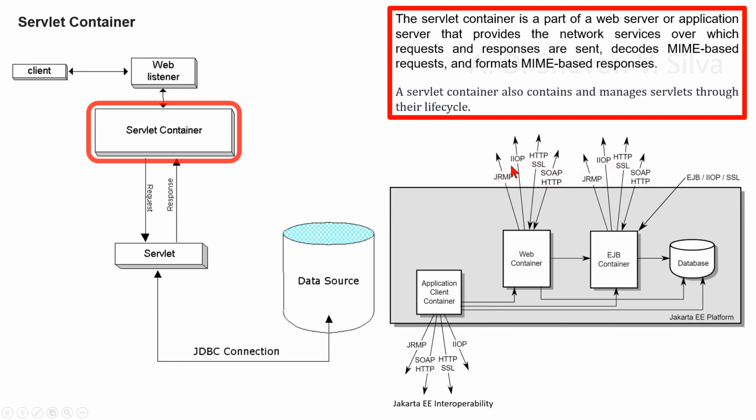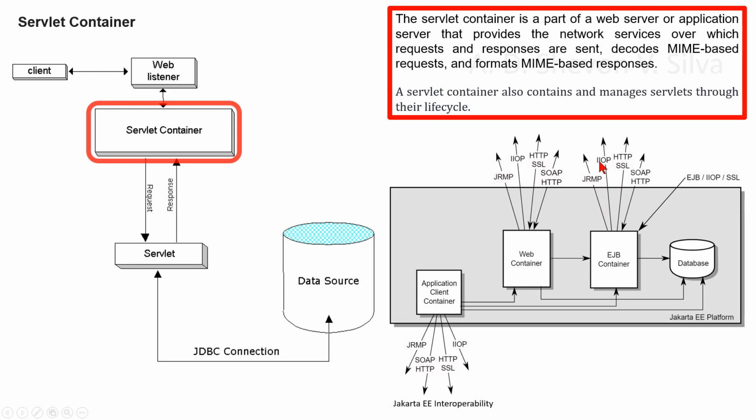JRMP and IIOP are passed from the web container, and HTTP, SSL, and SOAP, HTTP are passed back and forth to and from the web container. The web container is connected to the EJB container and the database.